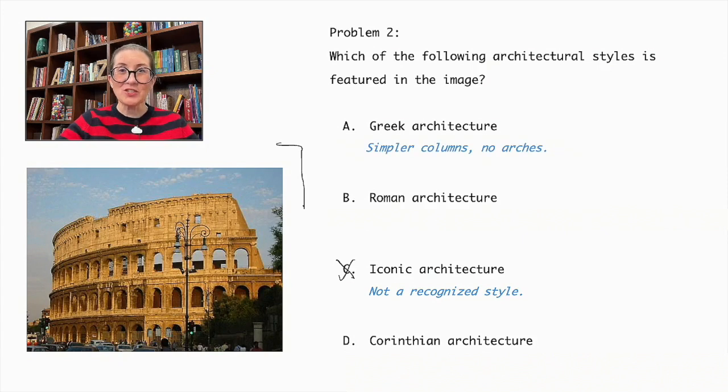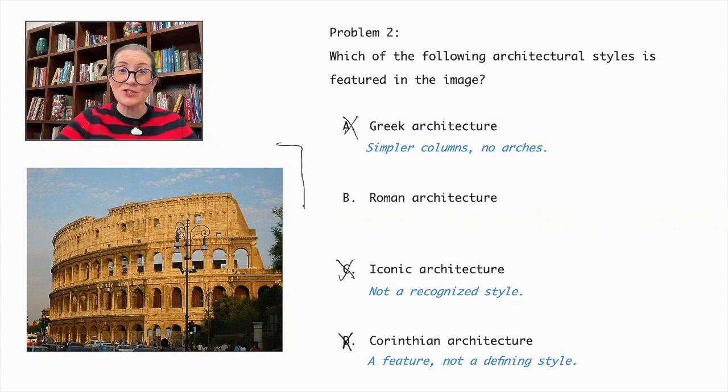Greek architecture typically features simpler columns and structures without the use of arches, so we can cross that out. While Corinthian columns may be a feature, they are not a defining characteristic of the entire structure. So we can eliminate that as well.